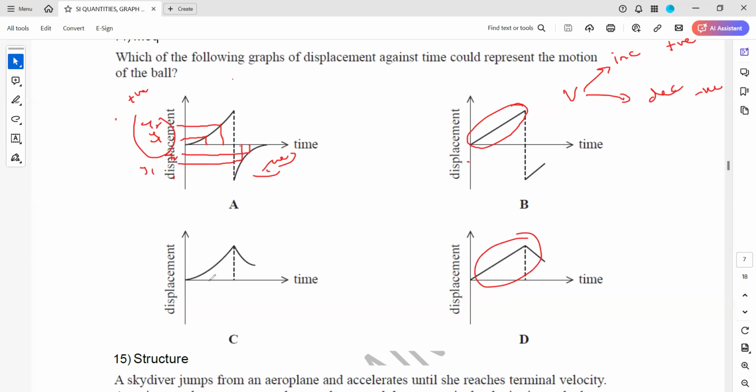What about this one? Again, D cannot be an answer because it's a straight line, meaning the velocity is constant. If you check this one, y2 is above y1, it means the slope is positive. And what happened to the slope? The slope is increasing. So it matches with the first description. What about the second part of the motion?